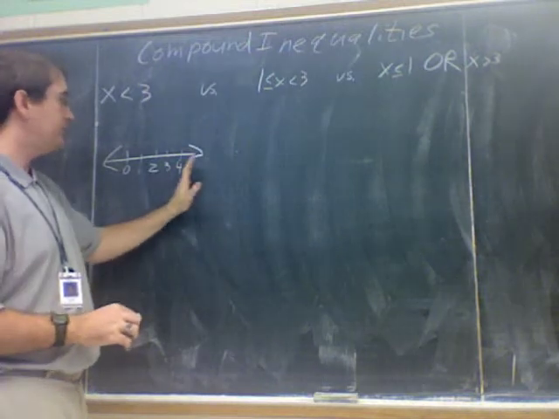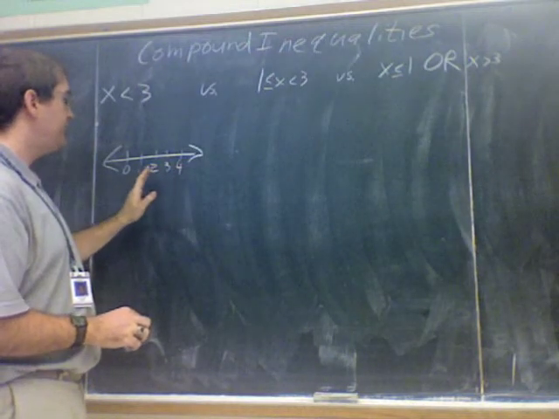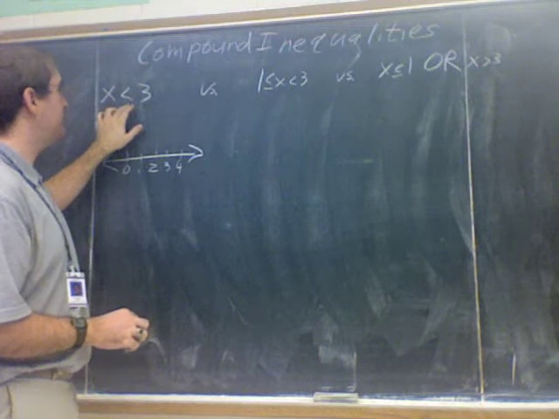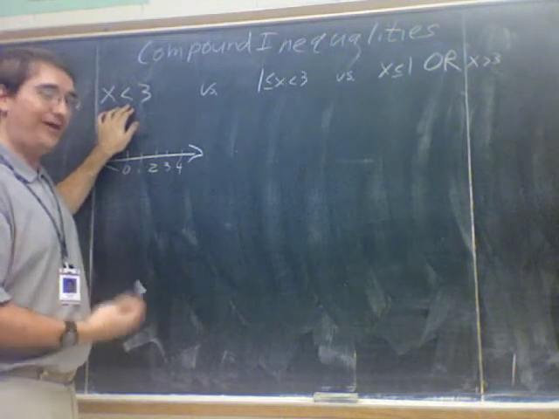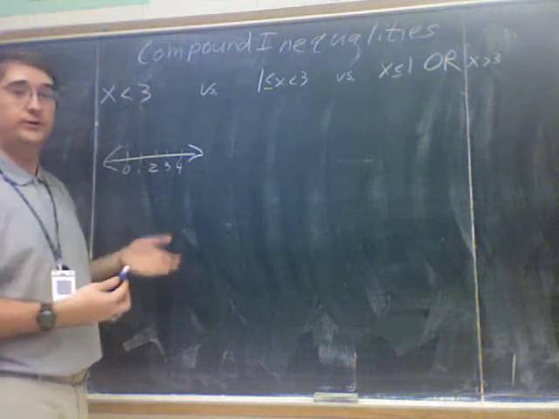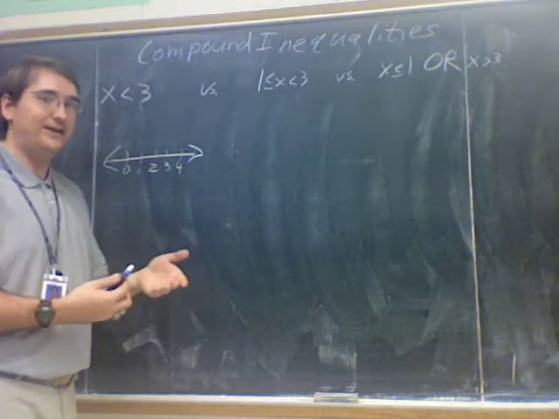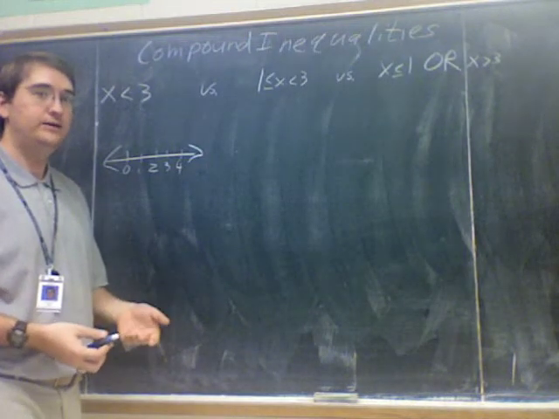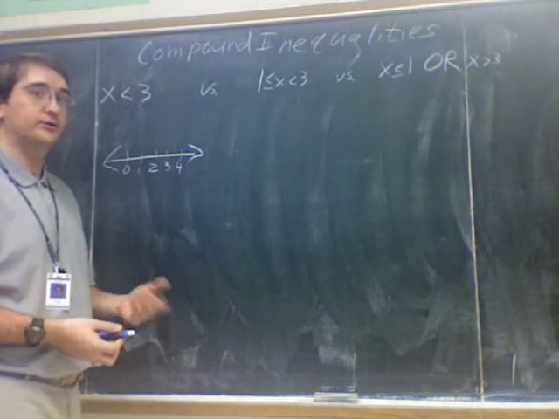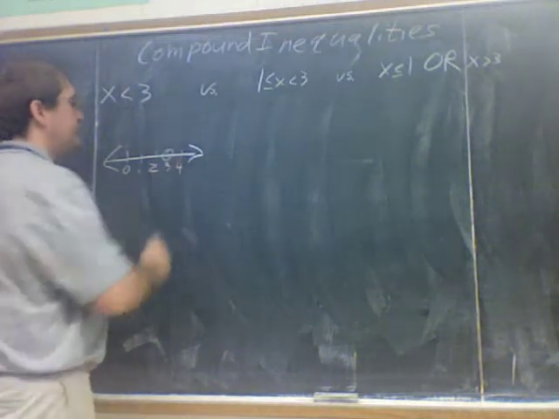We don't want to be anywhere bigger than 3, but the issue here is that we also don't want to be exactly at 3. If x is less than 3, we don't want to include 3 in the boundary. We still have to indicate that that is the boundary point, but we don't want to include that point in the actual graph. So what we do is put an open circle around that point.